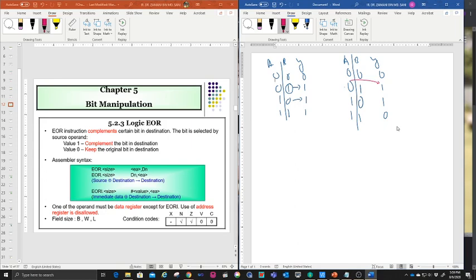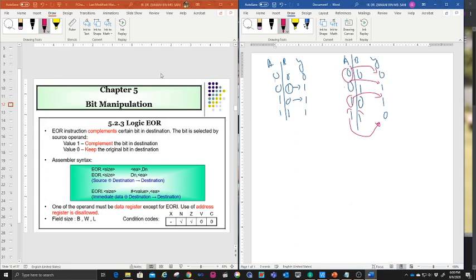Alright. So now if you put 0 here, for example, again, before that, you just look at over here, the 1. You can see that this is the initial value, then it is going to be complemented to 0. If you put 0, you will keep the original bit in destination. So if you put 0, the value will be the same.